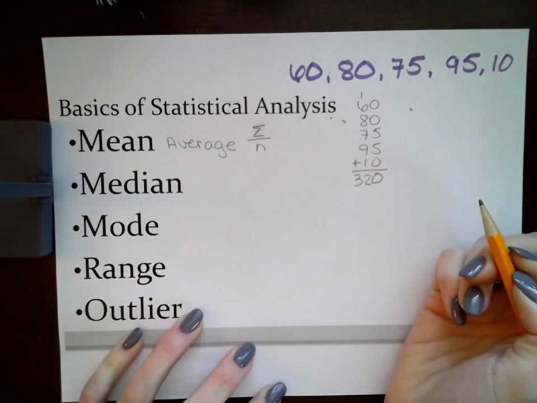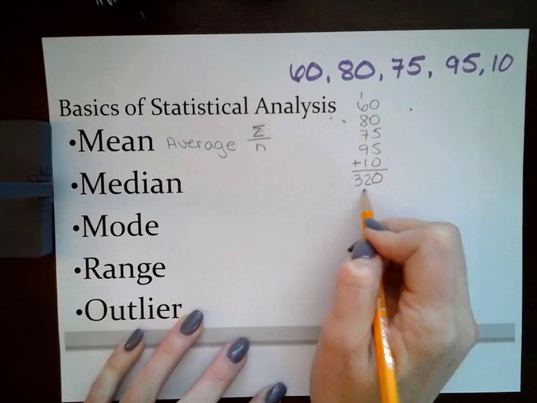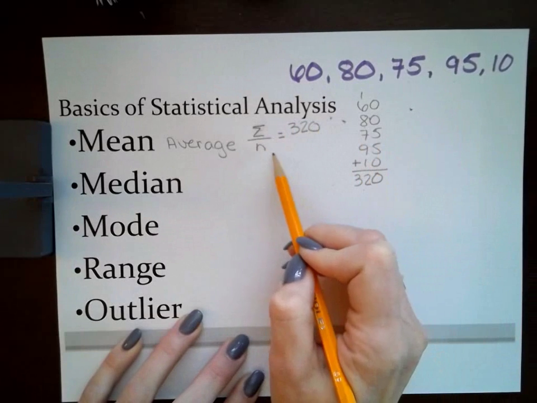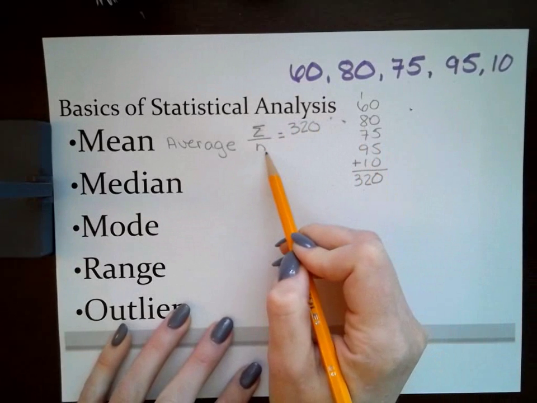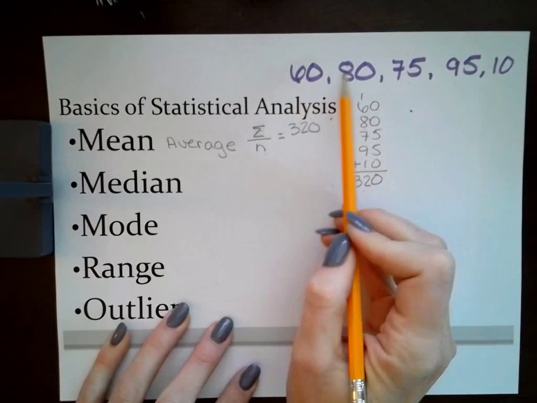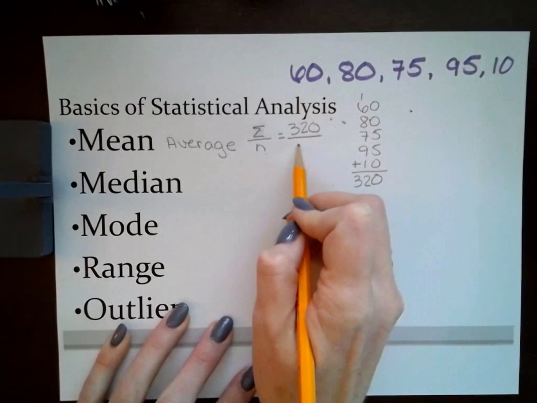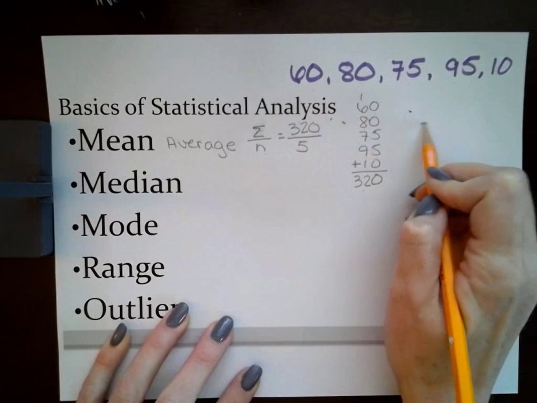When we add them up, we get the sum is equal to 320. We then need to divide by the number of data that we have. So we have 1, 2, 3, 4, 5 numbers. We're going to take 320, divide by 5.